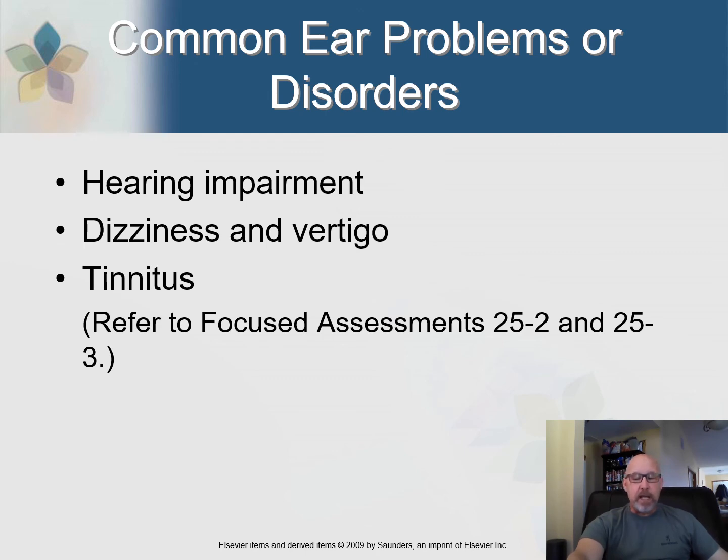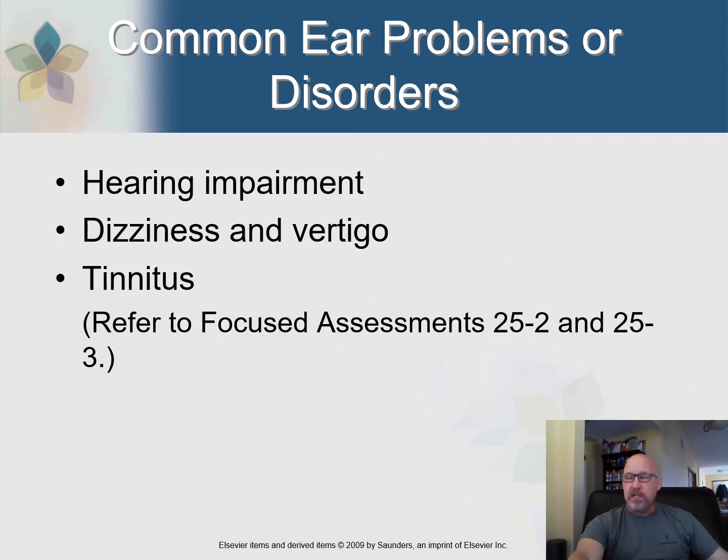You might use a tuning fork in your physical assessment. You put it against the mastoid process, and if they can still hear it, then it's being conducted. If they can't, this is sensorineural. And if it's the airwaves, then it's conductive.